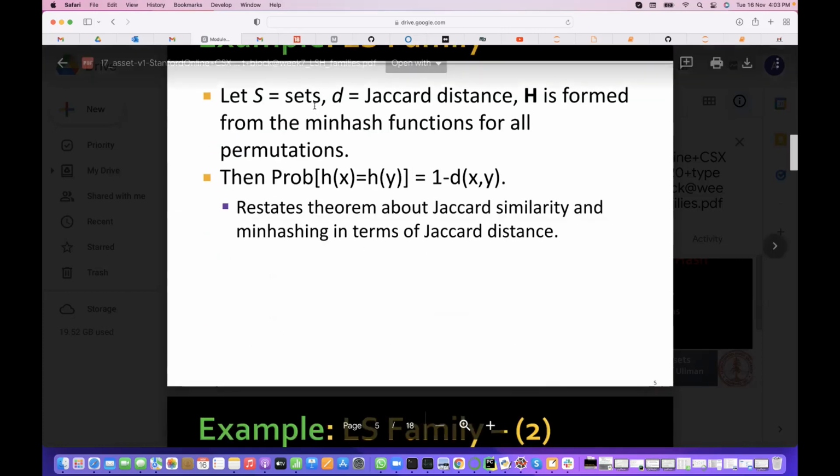So let S be sets and D be Jaccard distance. H is formed from the min hash functions for all permutations. Then the probability of h(x) = h(y) is 1 minus d(x,y).